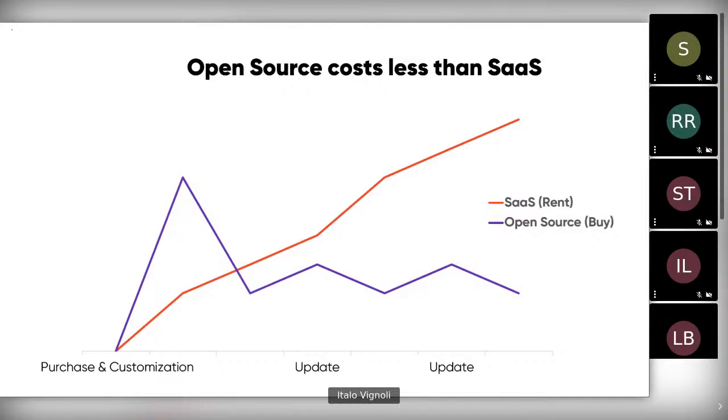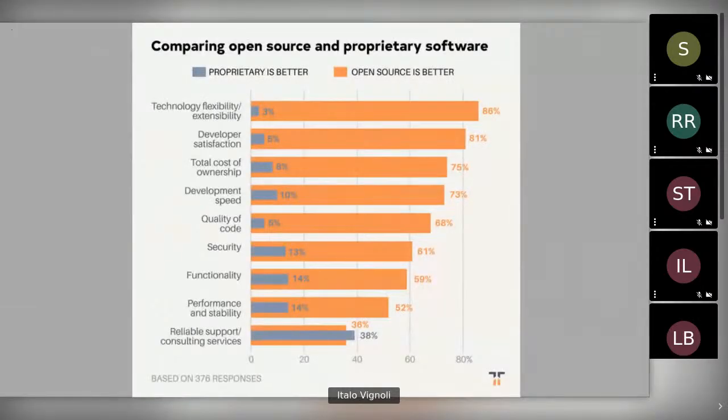If we compare open source and proprietary software, there are a few people that say that proprietary is better. As you can see, the only area where proprietary is better than open source is in support and consulting services.